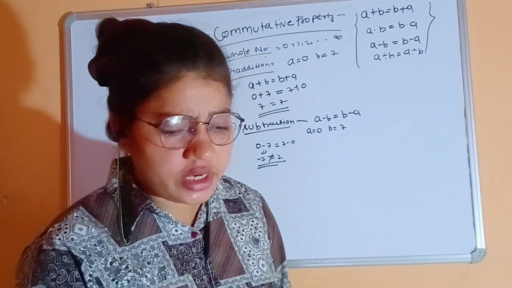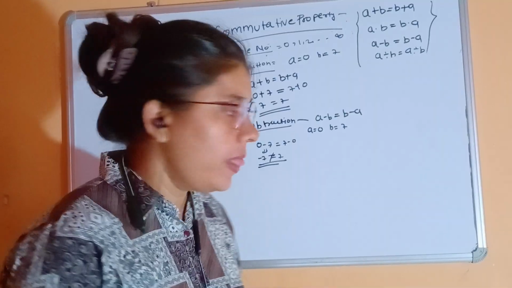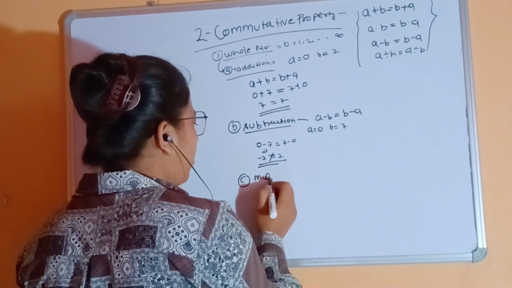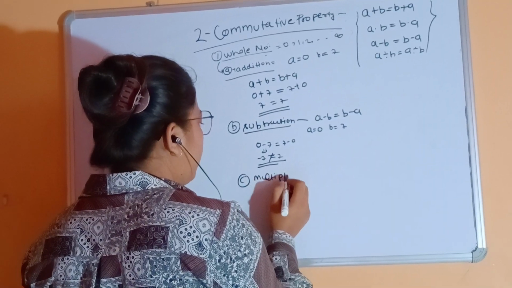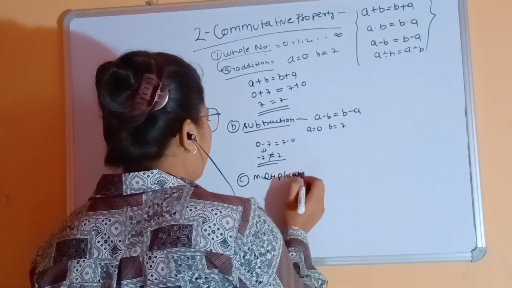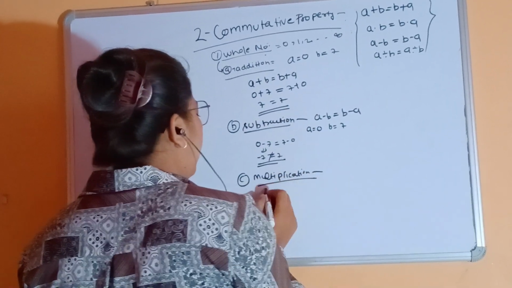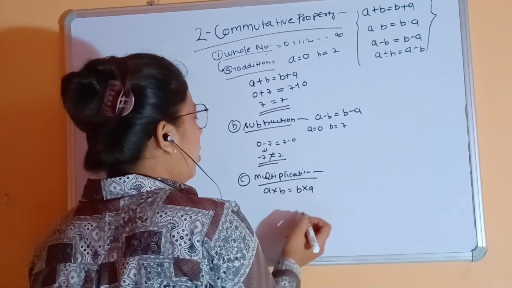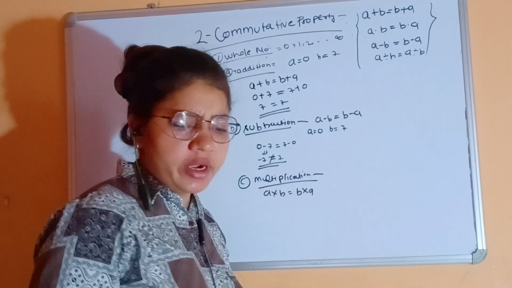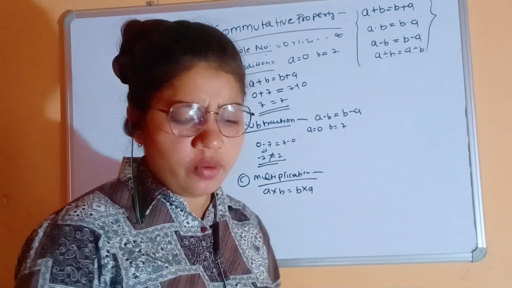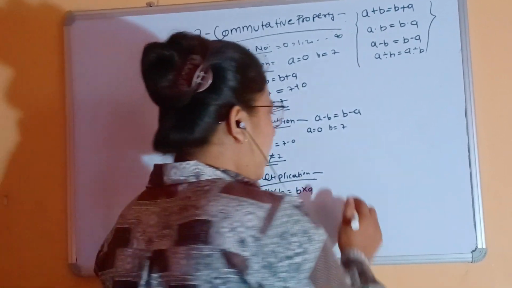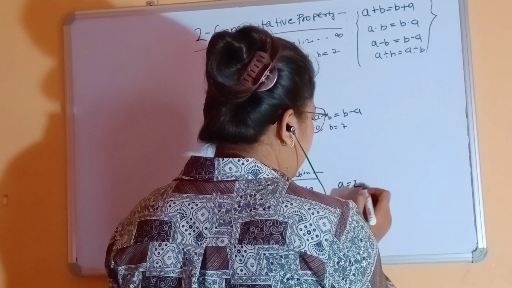Now we understand multiplication. Here a into b also comes, b into a is the same value. If we put another value in your example, instead of the same values a is equal to 0, b is equal to 7, here we discuss a is equal to 2 and b is equal to 7.